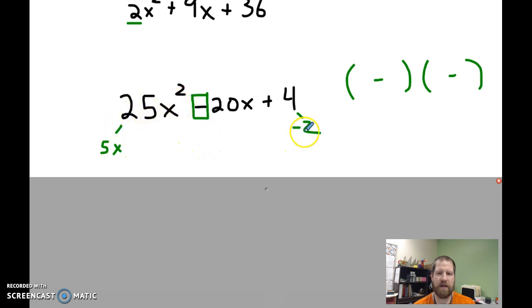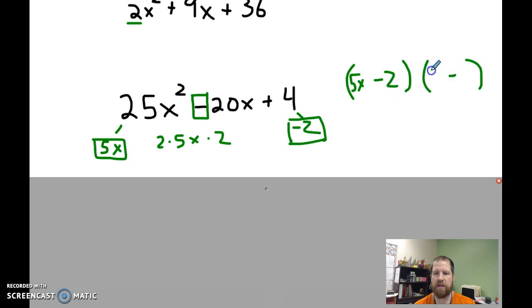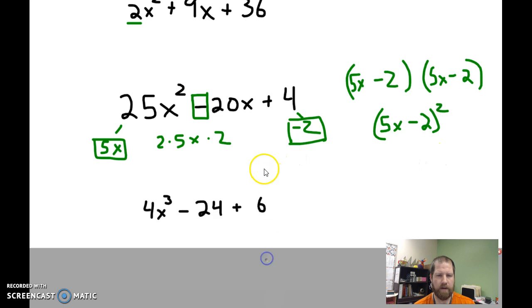We've got our 5x and our 2, 5x times 2 times this 2, that is 10x times 2 is 20x, so this is a perfect square trinomial, and my factors would be 5x and negative 2. So it would be 5x minus 2 and 5x minus 2, or 5x minus 2 squared. All right, let's keep going.